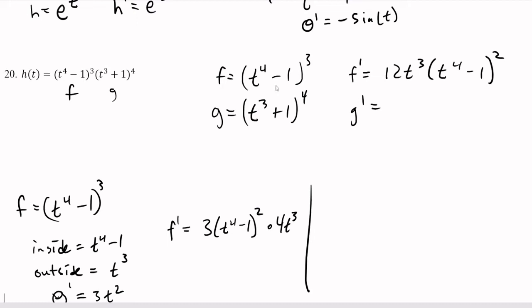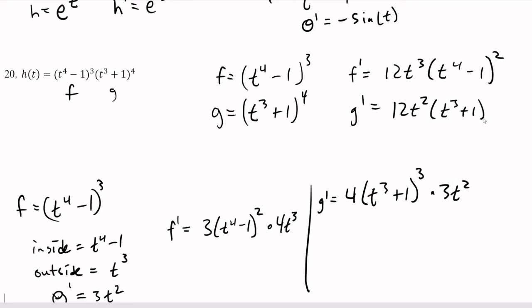Derivative of the outside. Well, the outside is t to the 4th. So that's 4 but I'm not going to put t in here, right? I got to plug in with the original. And then I have to multiply by the derivative inside, 3t squared. So that was me using that all-in-one idea to quickly do this. So that's 12t squared, and we've got t cubed plus 1 cubed.